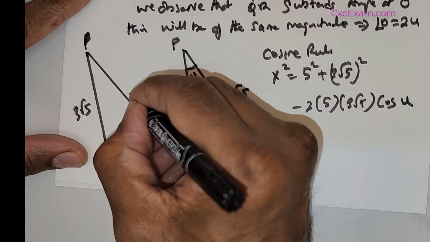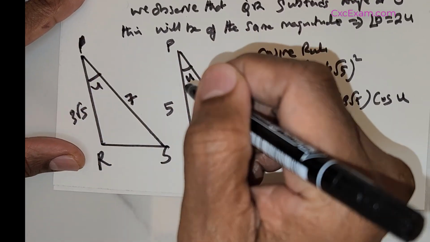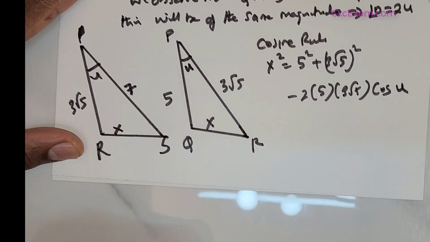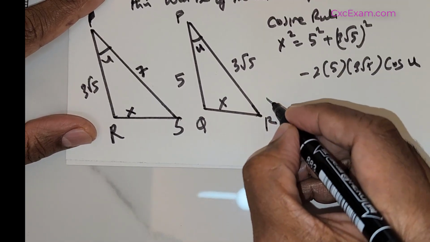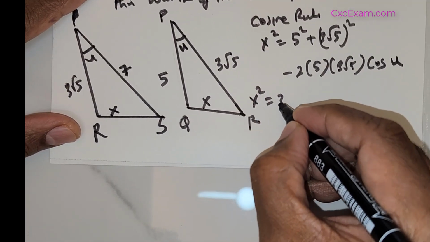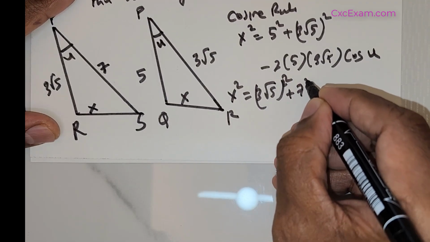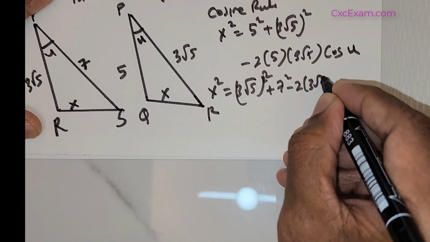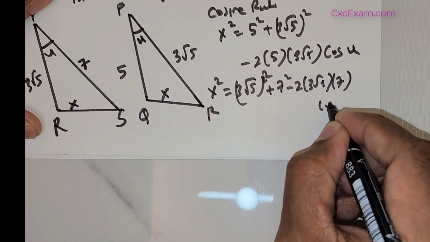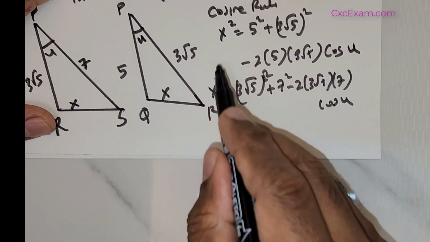This distance is 7 units, this is U, this is X. Okay, so I have X squared is equal to (3 times the root of 5) squared plus 7 squared minus 2 times 3 times the root of 5 times 7 times cos u.